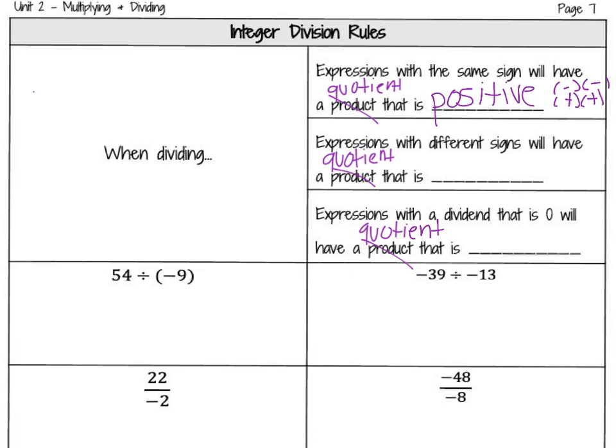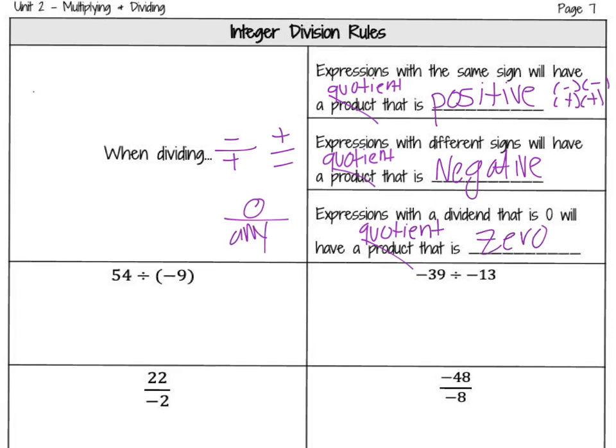Okay, expressions with different signs, so like a negative and a positive, or a positive divided by a negative, will have a quotient that is negative. And then 0 divided by anything is just 0, right?